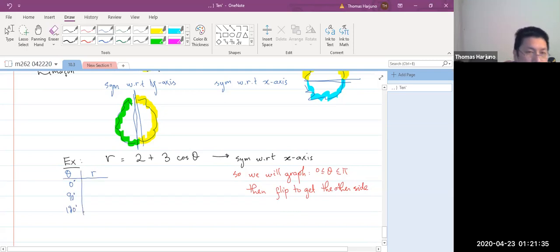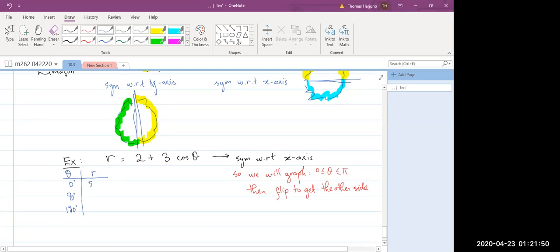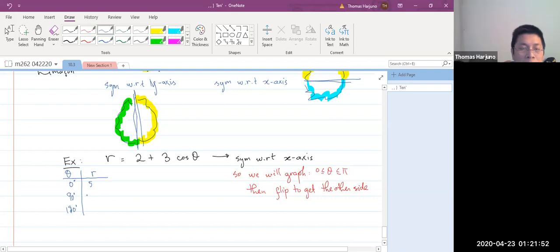I will show you the more refined graph later on, but we just need to get the feeling. When theta equals 0, what is r? 5.